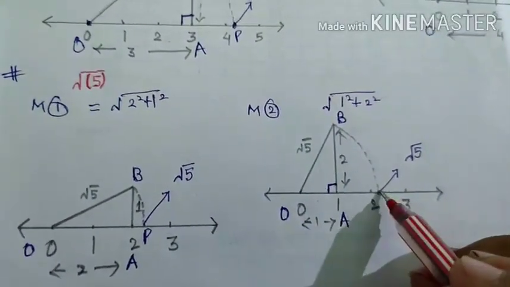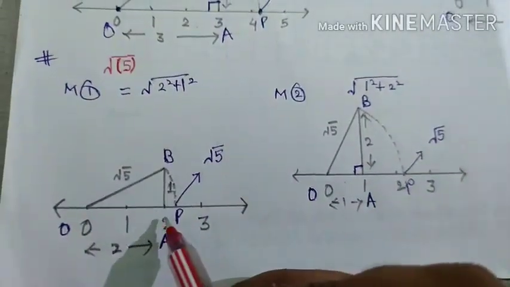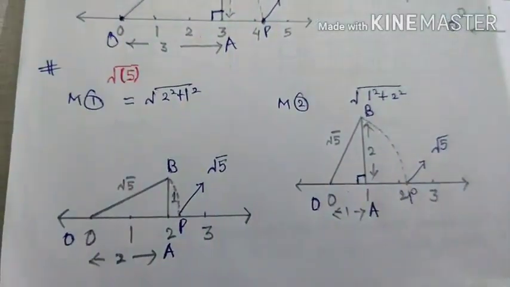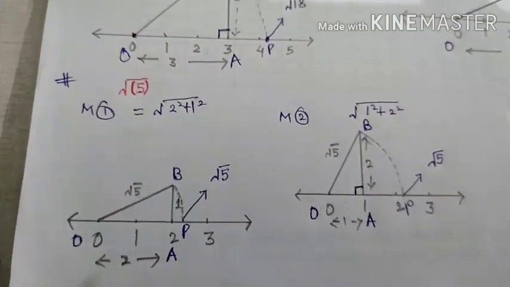We will get the same point P. As you can see, after 2, here also you are getting root 5. So you can use any method to represent an irrational number on the number line.